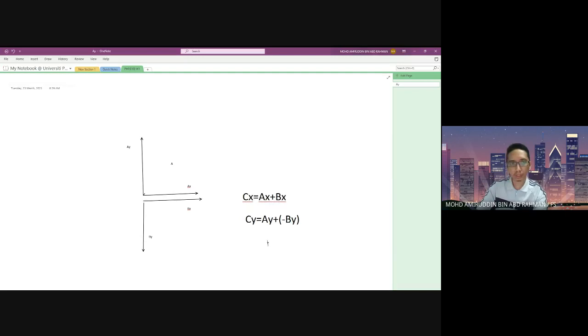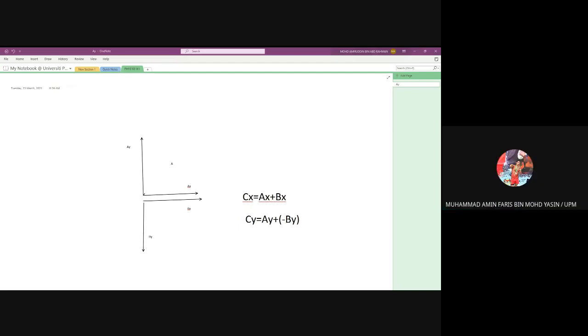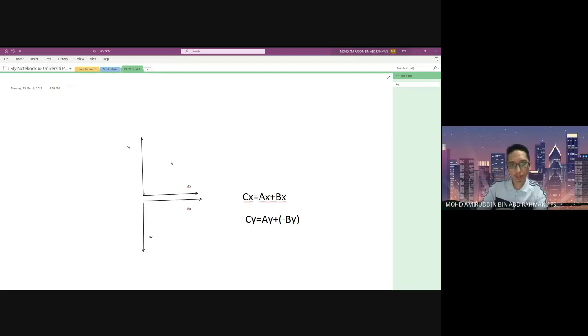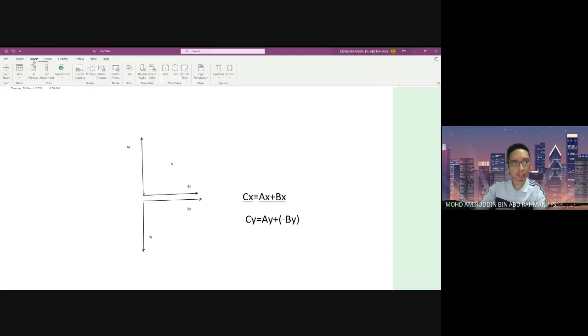So what was our AY? 2.42, and then BY is 1.6. So AY is bigger. When AY is bigger, the component of C will be in the positive y direction.